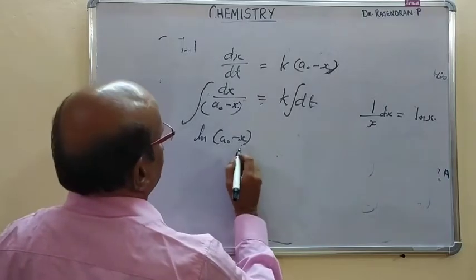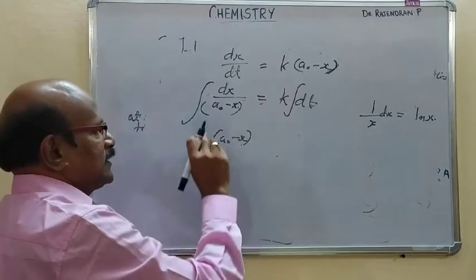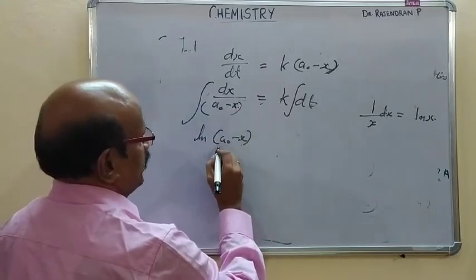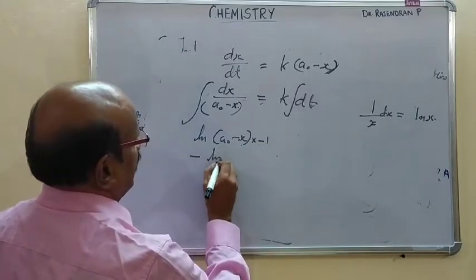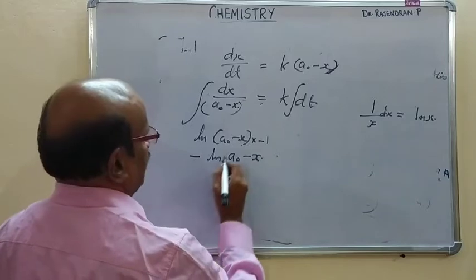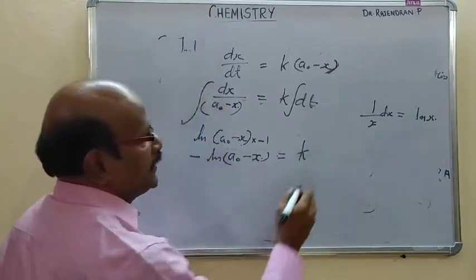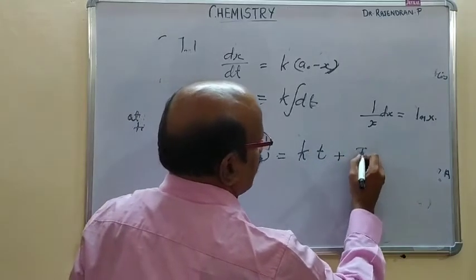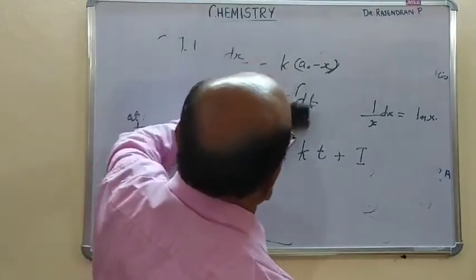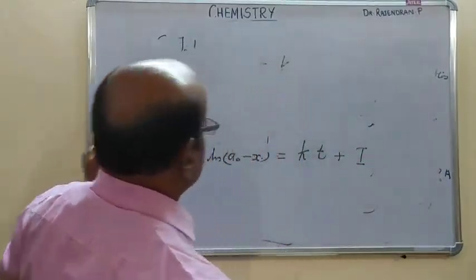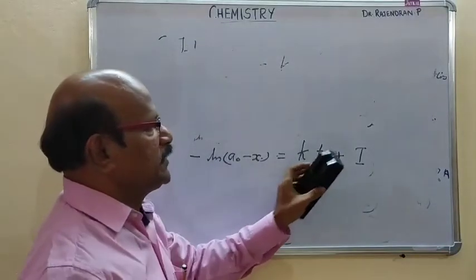So we have minus ln A0 minus X is equal to K into the integral of dt, which is t, plus the integration constant I. So the integration result is minus ln A0 minus X is equal to kt plus I.